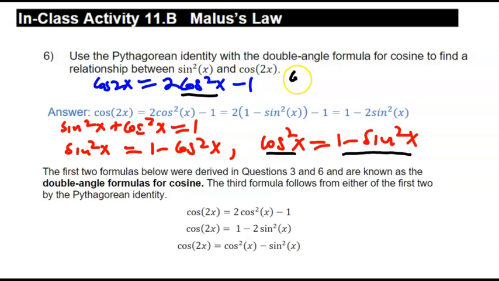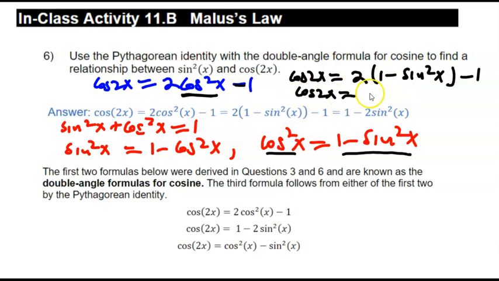And so cos 2x now becomes 2 times 1 minus sine squared x, and remember, there is a minus 1 also here, so minus 1. When we simplify this, we get cos 2x equal to 2 times 1 is 2, then minus 1, so 1 minus 2 sine squared x.